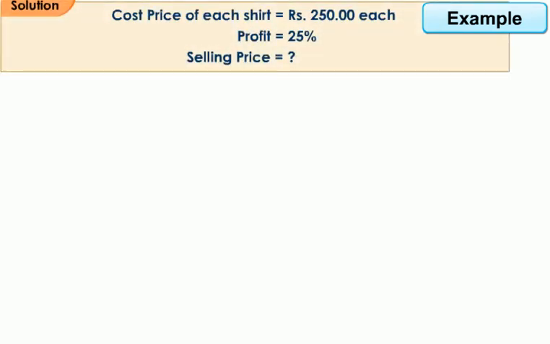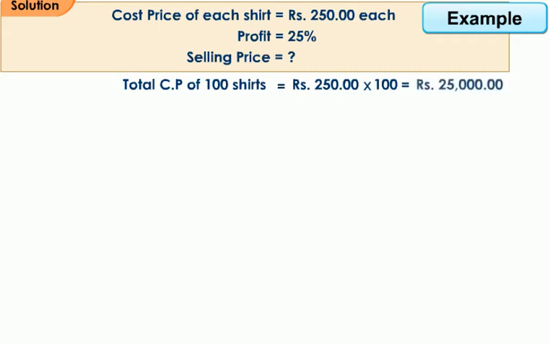Now look at the solution. Students, here the total cost price of 100 shirts is equal to rupees 250 into 100. This gives us rupees 25,000.